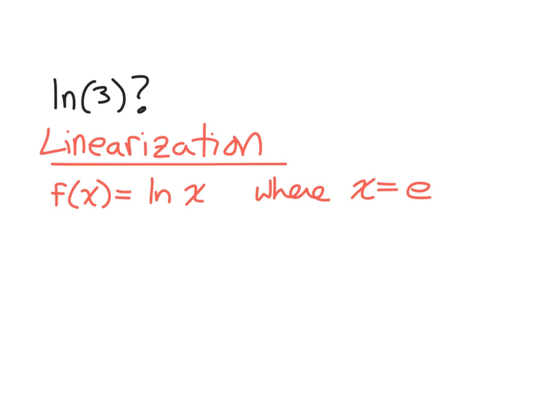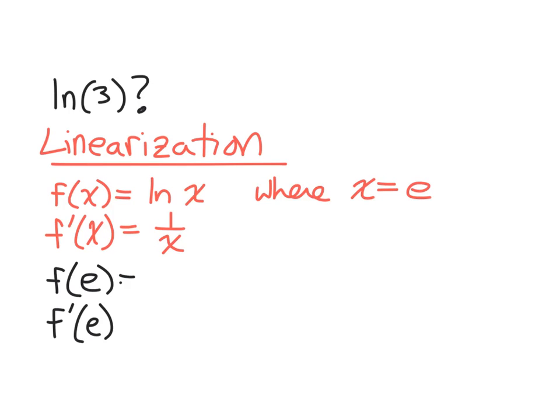All right, so in the linearization process, we take the derivative. We evaluate the original function and the derivative. So the original function would be ln of e, which is equal to 1.